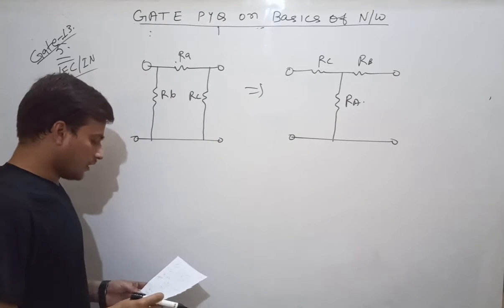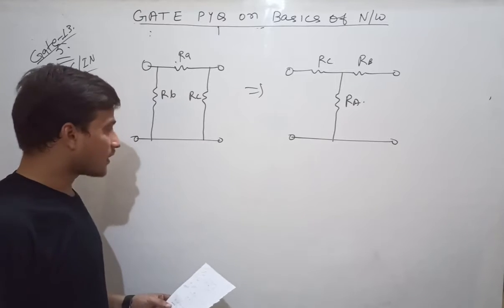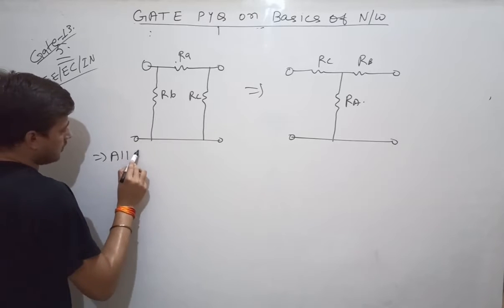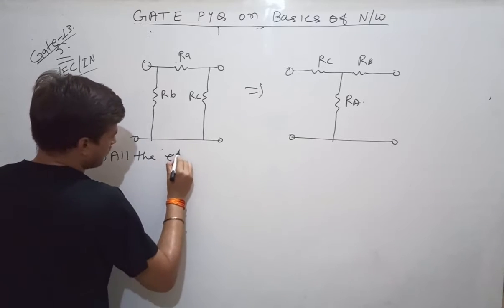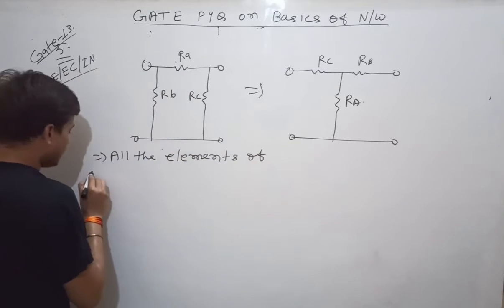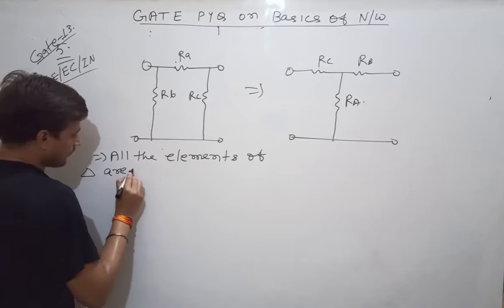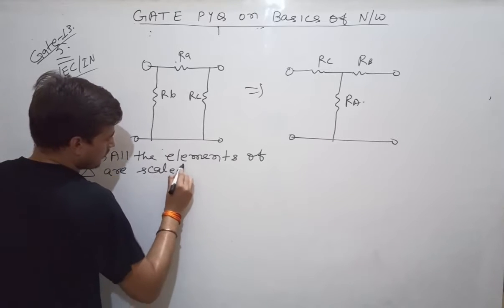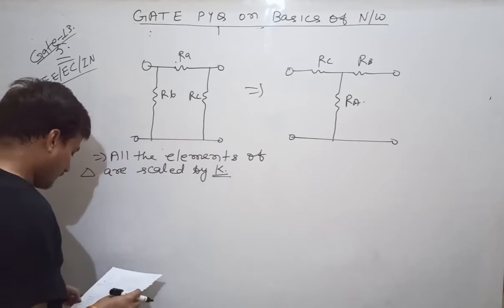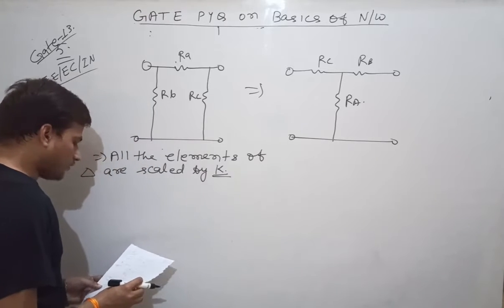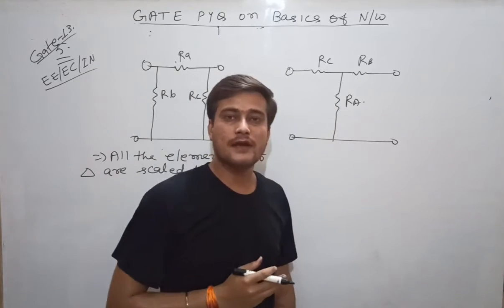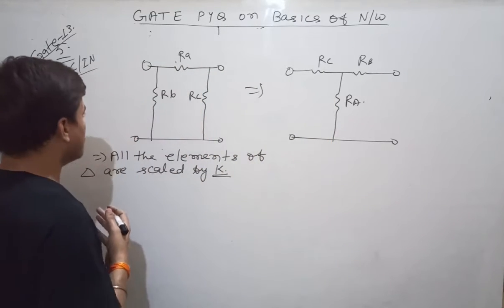It is saying that if all the elements of delta are scaled by a factor of k, then the corresponding star equivalent will be scaled by a factor of what.